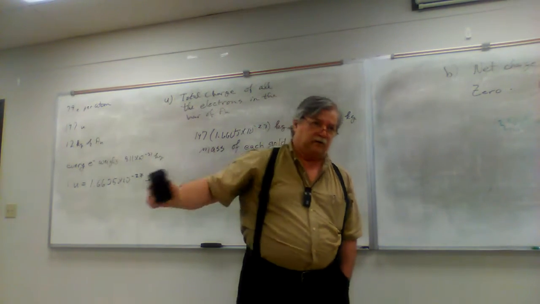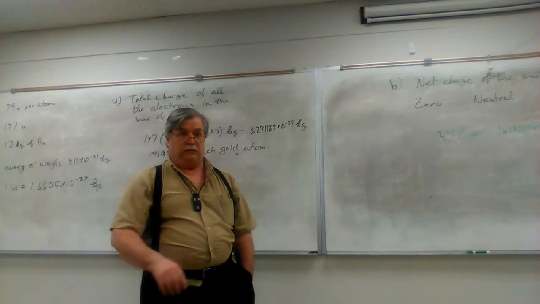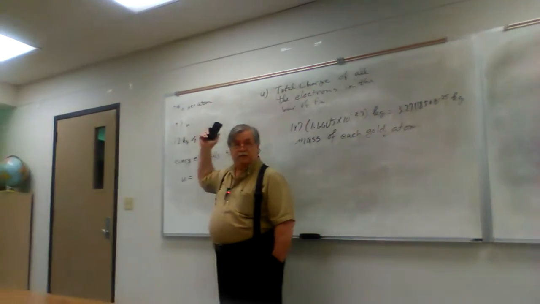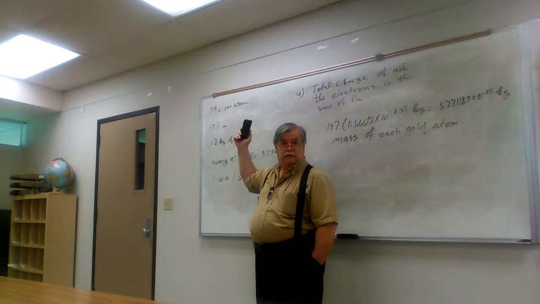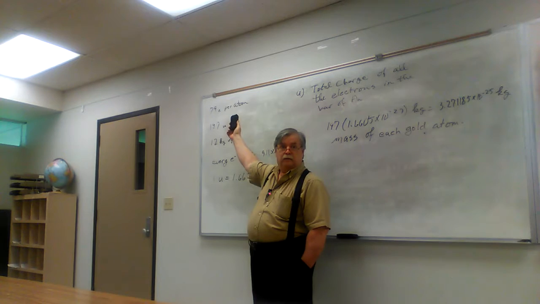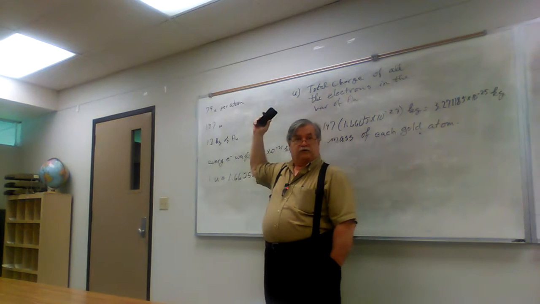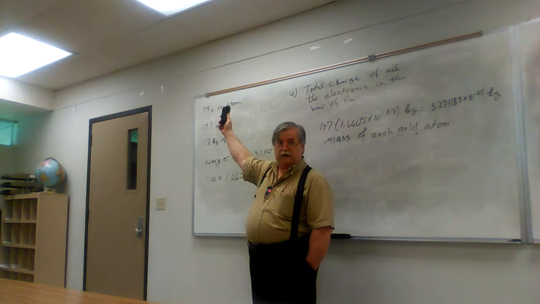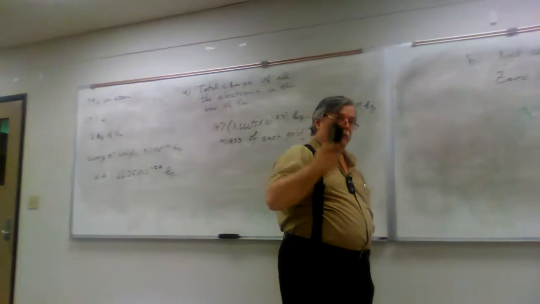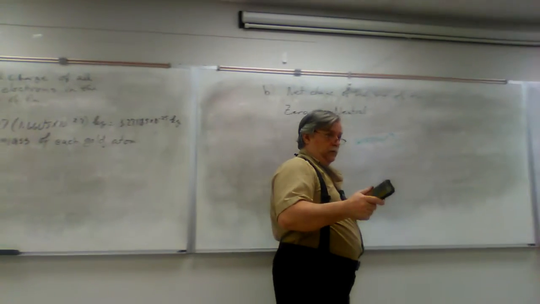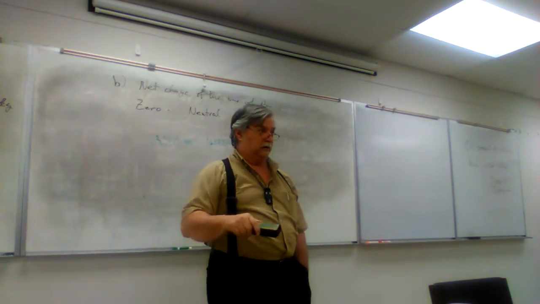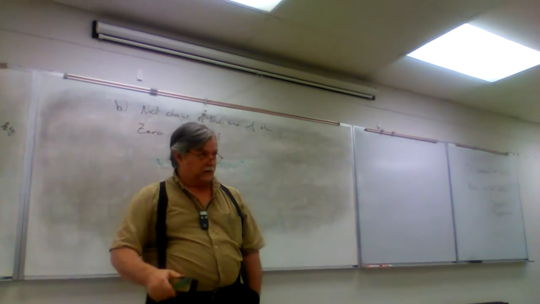And if you were going to actually do the math to answer part B, you would say, well, I have that same number of atoms that I have for 79 electrons each, but I also have that same number of protons, but they have plus 1.6022 times 10 to the minus 19 coulombs per proton, because they're positively charged.